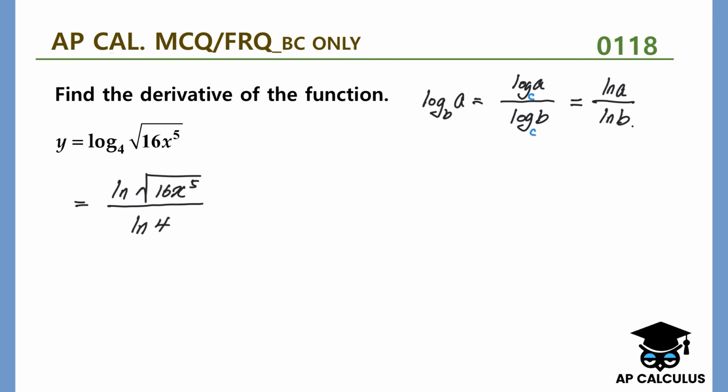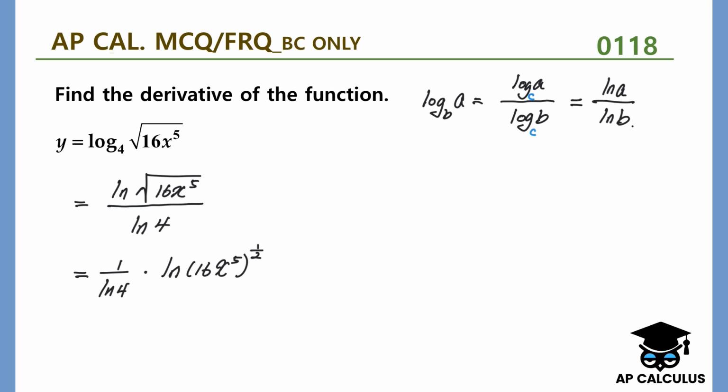So we're going to rewrite this expression as 1 over natural log 4 times natural log of this expression. And remember, square root is a power of 1/2, right? So I'm going to write 16x to the 5 to the power of 1/2.